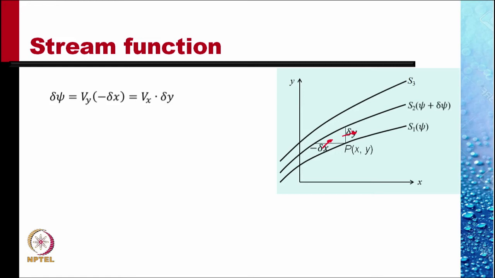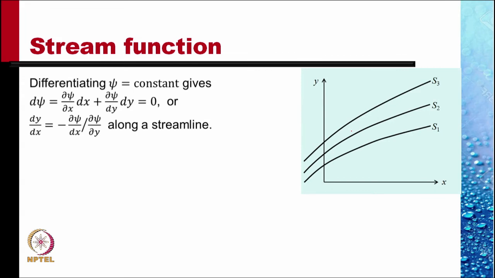Vx would be the only component that will create a flow across the vertical line segment. This can be manipulated to give ∂ψ/∂y equal to Vx and ∂ψ/∂x equal to minus Vy.